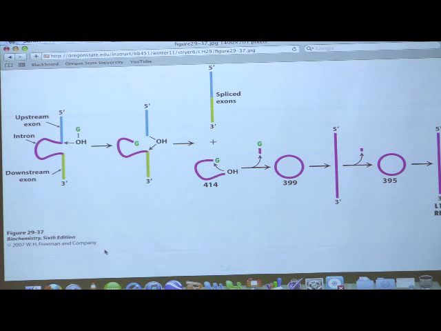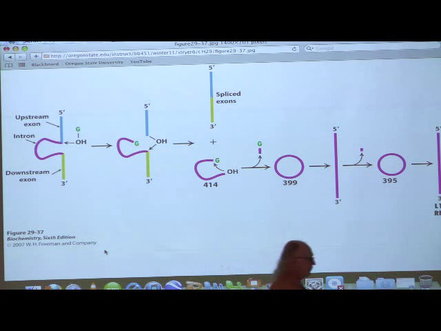Before that time, it was not known that RNA could catalyze a reaction. It seemed that something so unusual and so interesting should have a name, and in fact it was given one. He called this catalytic RNA a ribozyme.